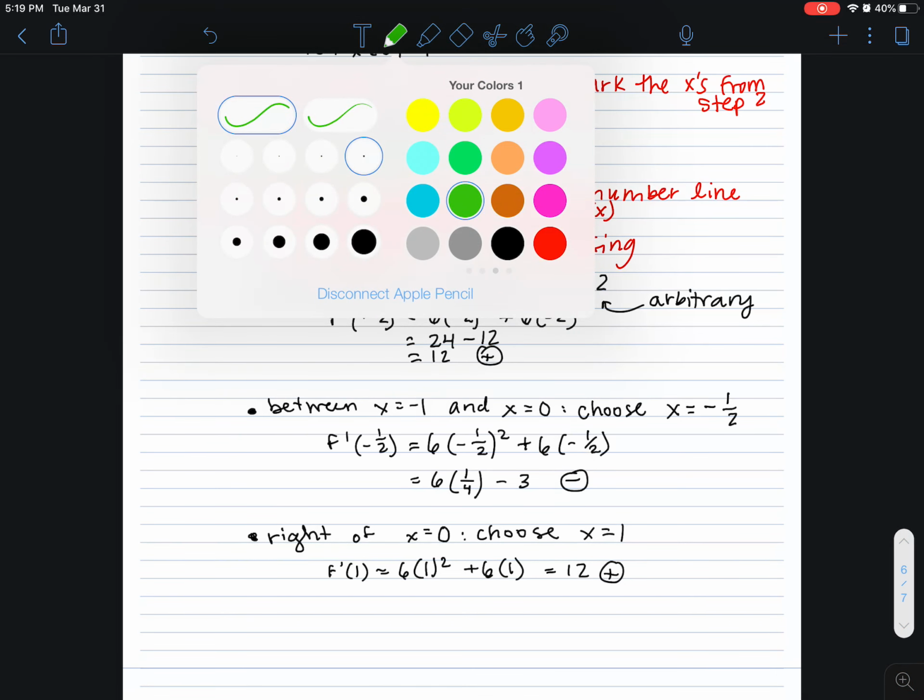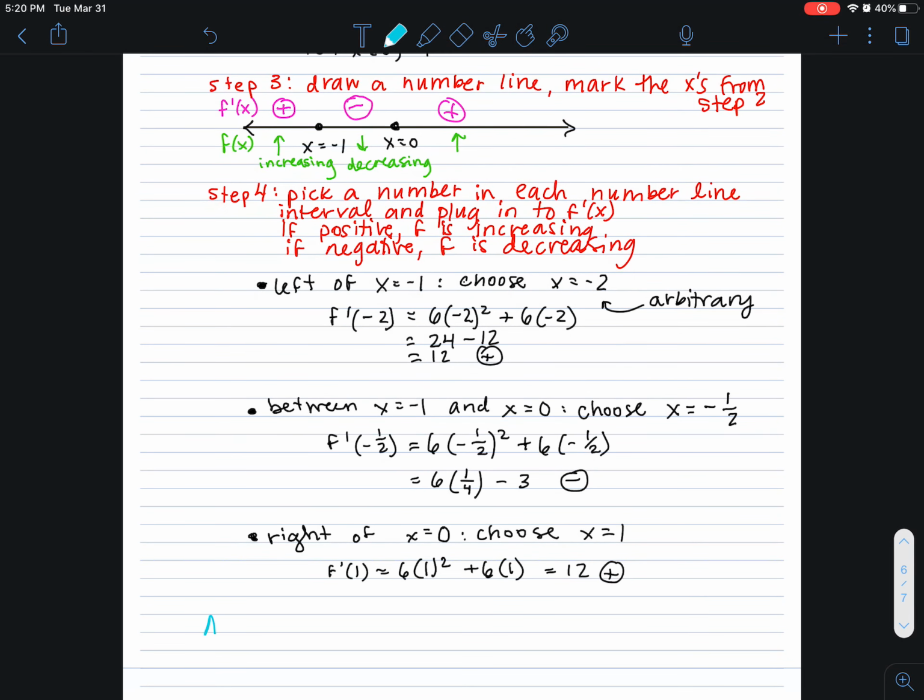So as our answer to the question I had, we would say f of x is increasing on -∞ to 1, or sorry, -1.